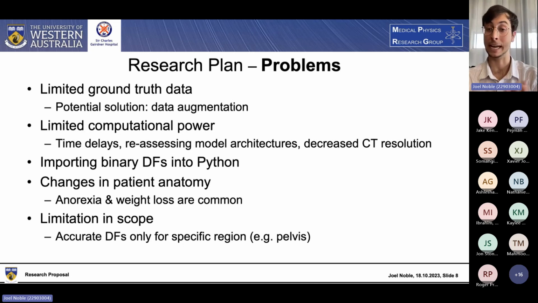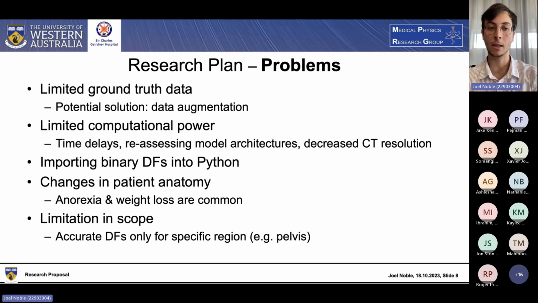Hushan-Yajad et al. actually had to decrease the resolution of their CTs, which had knock-on effects for the plan evaluation. So all things to consider. Also, Velocity outputs its deformation fields in a binary format, which will require some investigation. That poses a bit of a hurdle in terms of getting it ready for the machine learning, the deep learning algorithms.